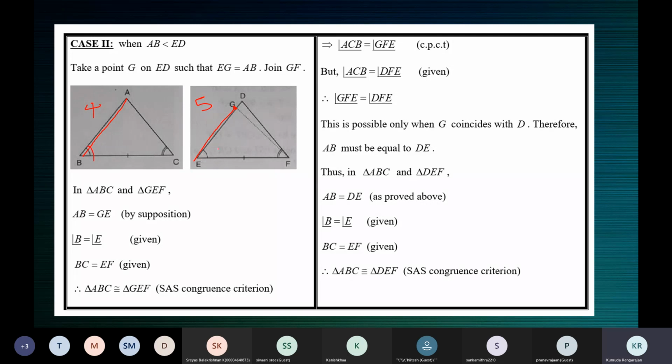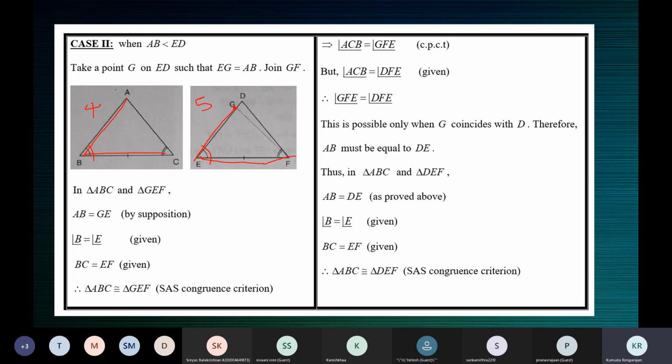Angle B is equal to angle E, given to us. BC is equal to EF, also given to us. So now it is two sides and the included angle. I told you, if the arms of the angle are the sides which we have mentioned, then they are the included sides.